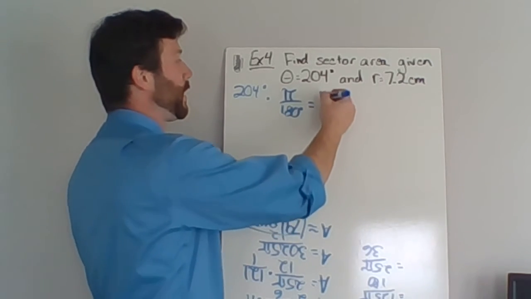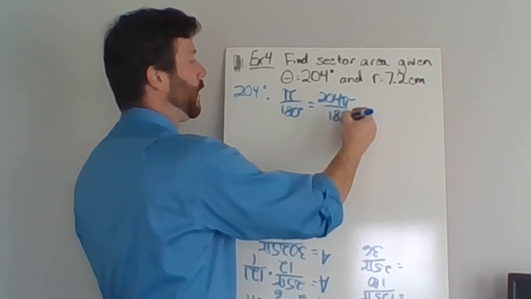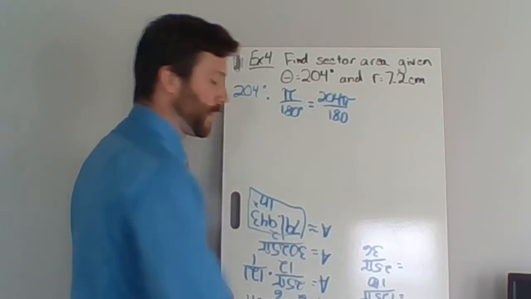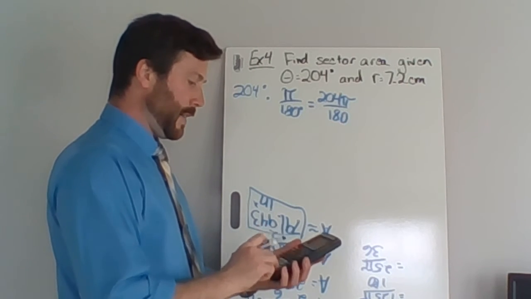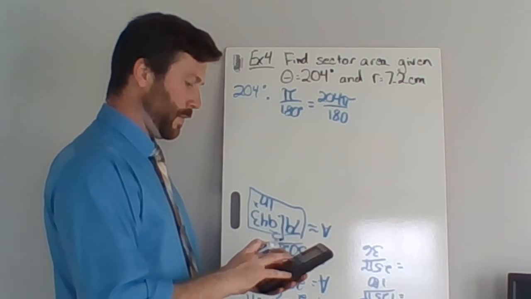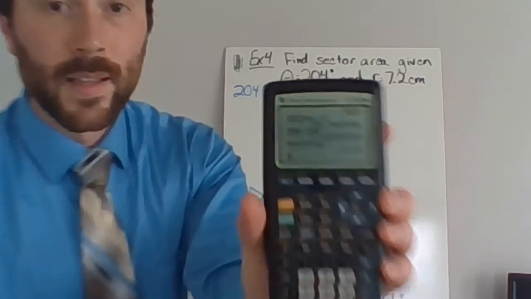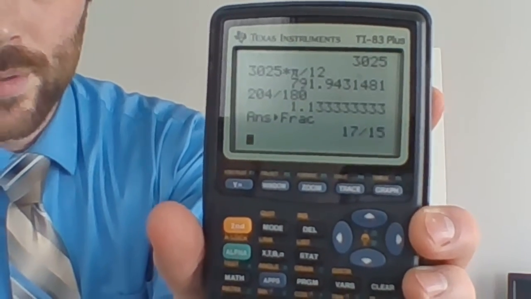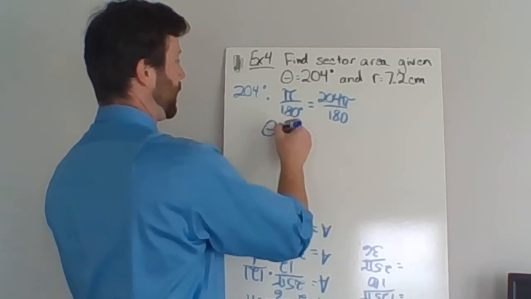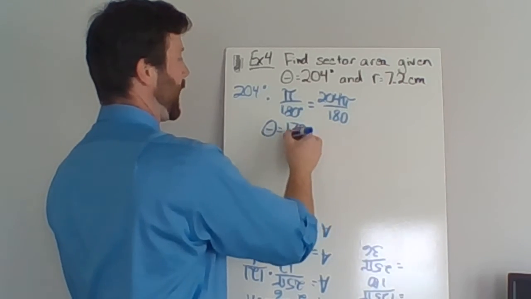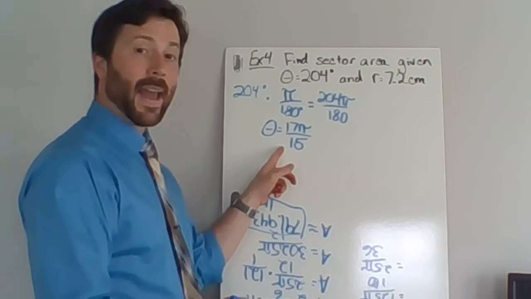And when I multiply straight across, I get 204 pi over 180. Okay, the degrees cancel. So I'll take 204 divided by 180, and I will reduce that fraction, and I'll get 17 over 15. 17 pi over 15. So this is my angle in radian measure.